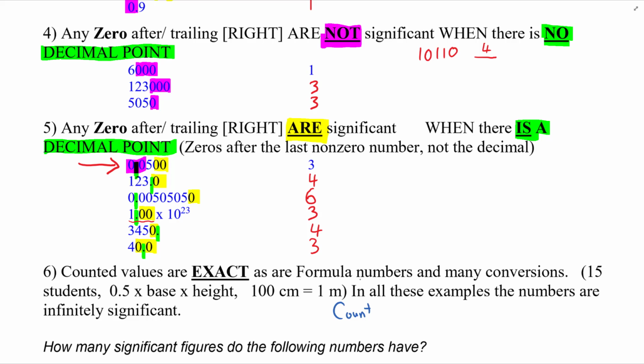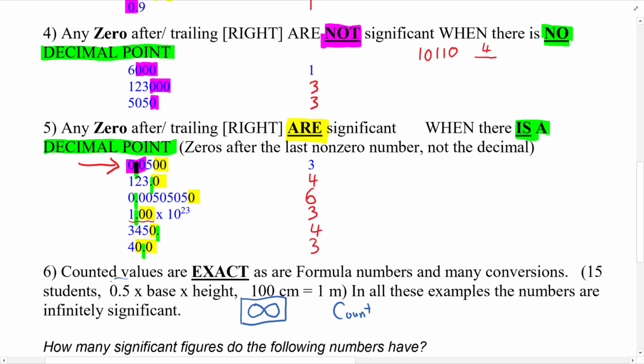That number of 35 is exact. Another word for exact, for the number of sig figs, is infinite. If they ask for the number, you write down infinite, or you can write down exact. Anything that you count, anything that's a number in a conversion formulas, most of them are exact.